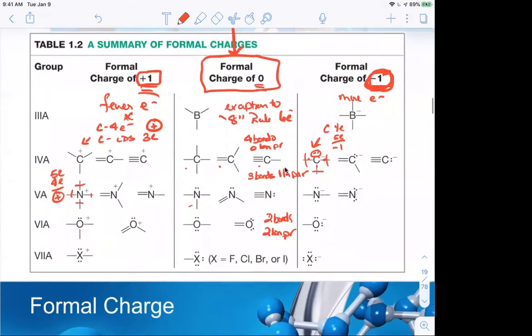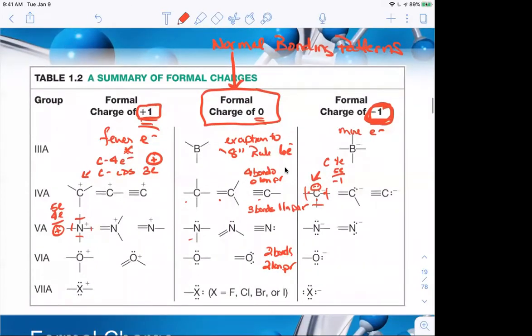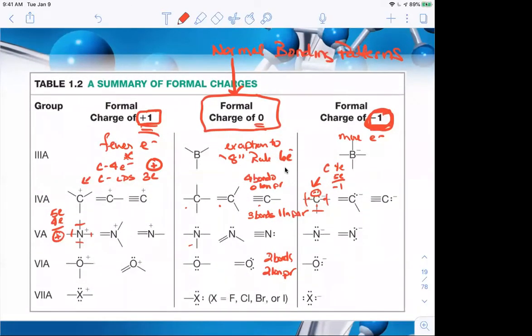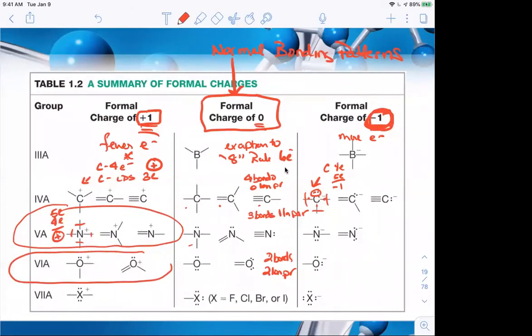So again, if I look at this chart, when I have 3 bonds and no lone pair, my nitrogens are going to be positive. When I have 3 bonds and 1 lone pair, my oxygens are going to be positive.